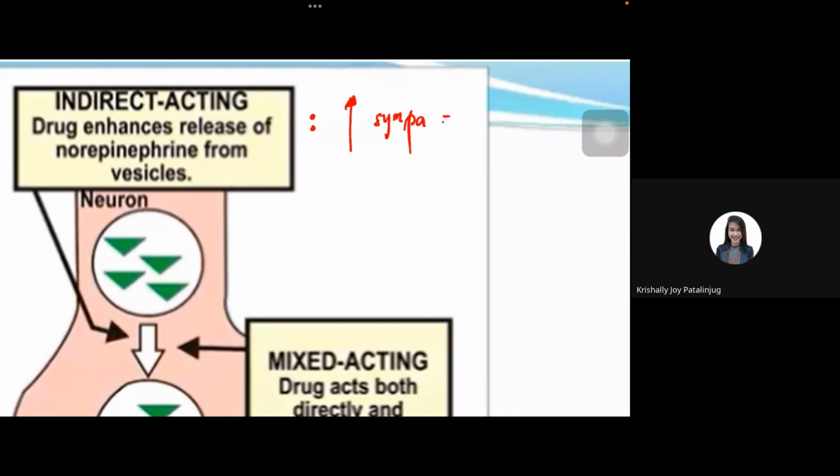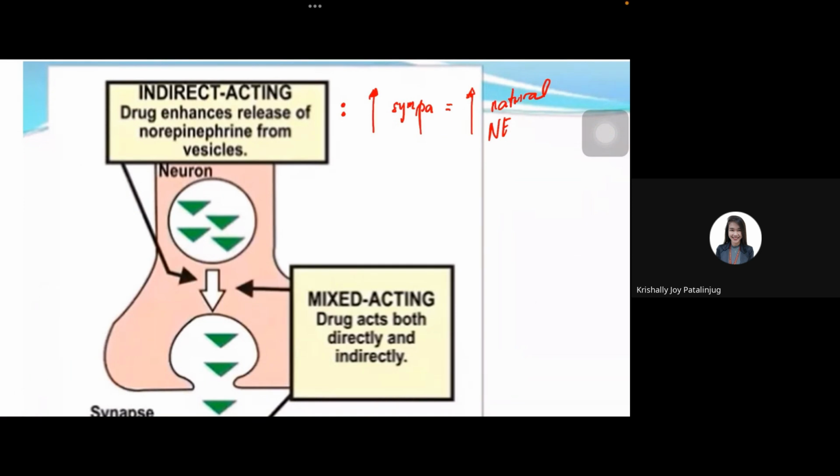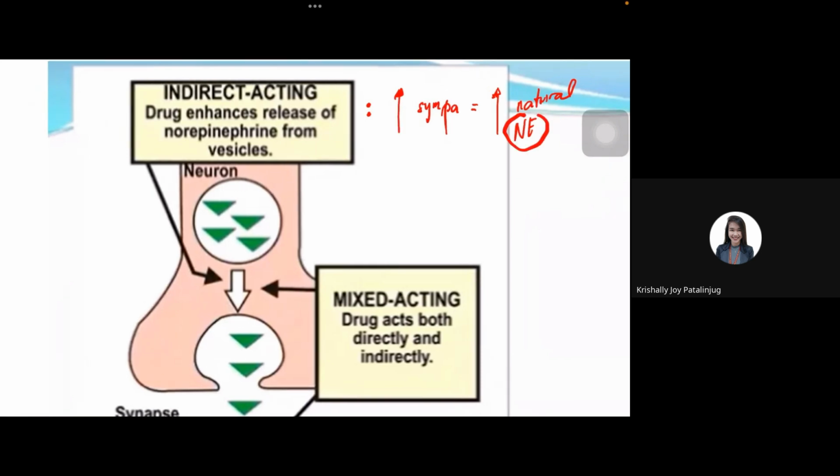But this time, hindi yung gamot yung directly magbabind no, sa receptor. Ang gagawin niya, na e-enhance niya yung sympathetic outflow because it will cause enhancement of release ng mga natural norepinephrine specifically. Okay, so you have a drug, ang gagawin lang ng gamot, iyahang i-trigger ang release ng principal neurotransmitter ng sympathetic system. Diba? That is norepinephrine.